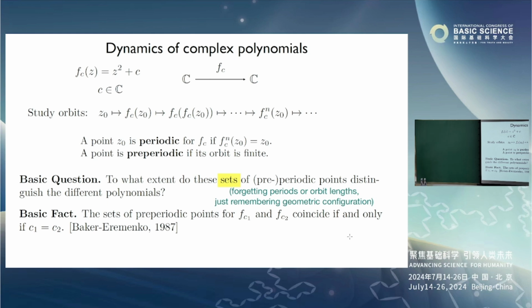People know this, and then the next question is how many common preperiodic points can f_c1 and f_c2 have if c1 is not equal to c2? So how many points do you need to determine the dynamics?